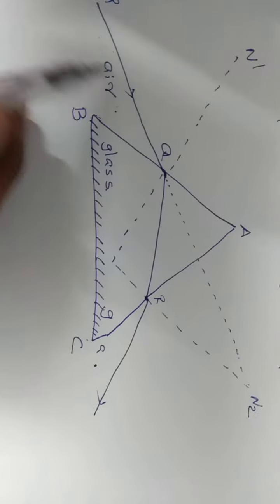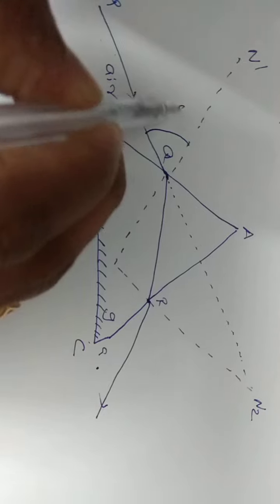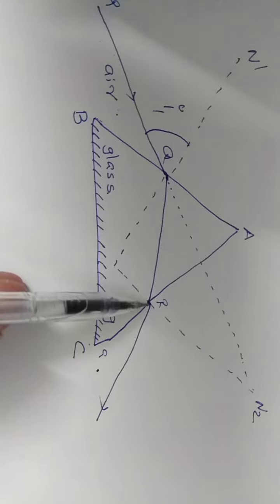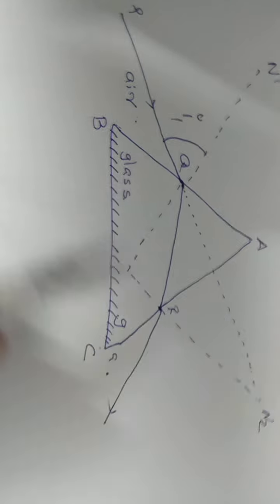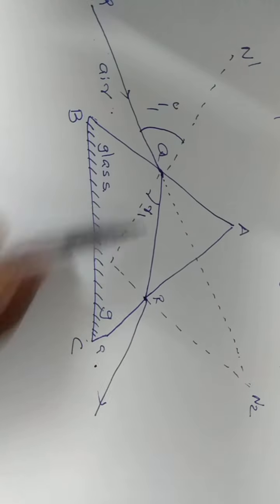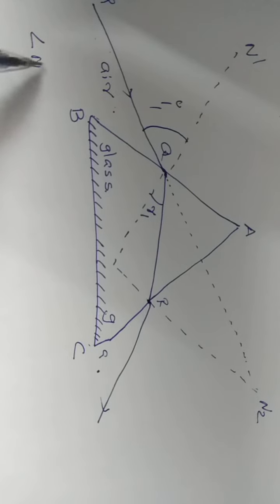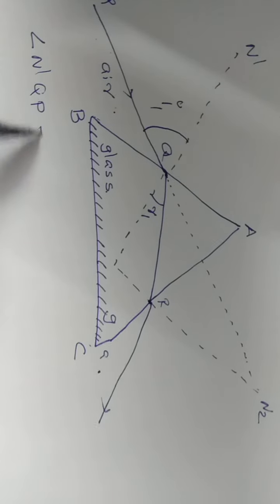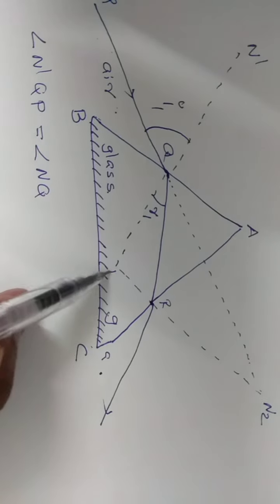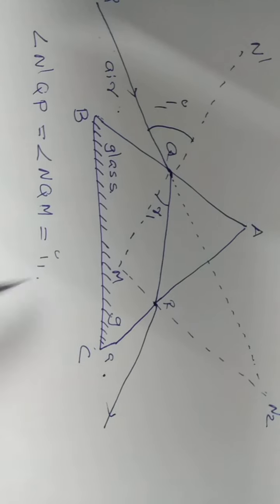And PQ represents the incident ray, so there will be an angle, we can write I1. And this is a normal, and QR represents the refracted ray, so we can write an angle, namely R1. We know that angle N dash QP must be equal to angle NQM, which is equal to I1.